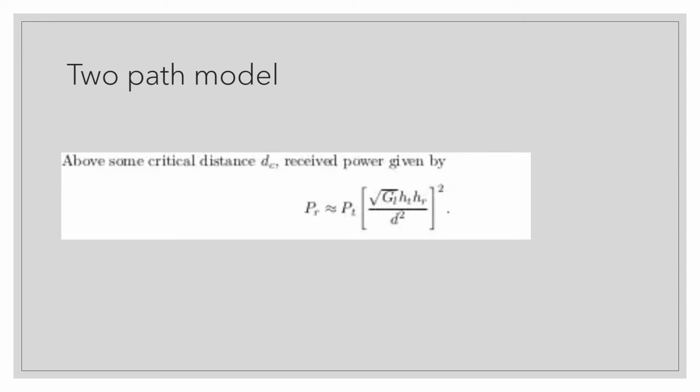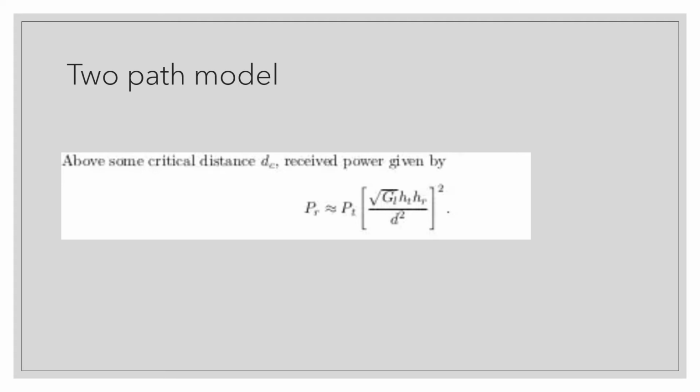And the next one is the two-path model. The ray tracing approximation represents the wavefront as simple particles, and the simple model only determines reflections, while scattering and diffraction can also be included.